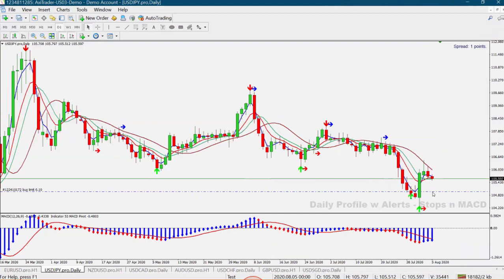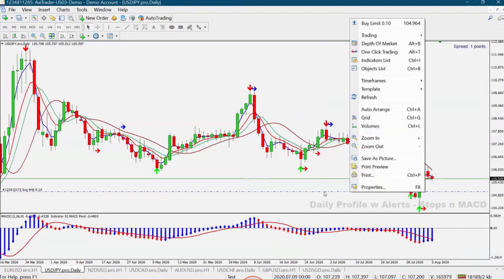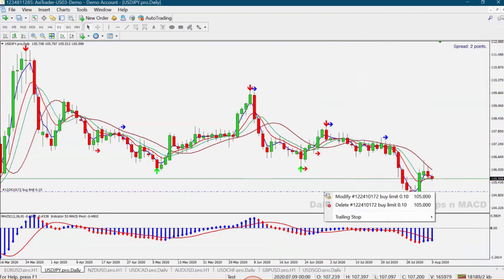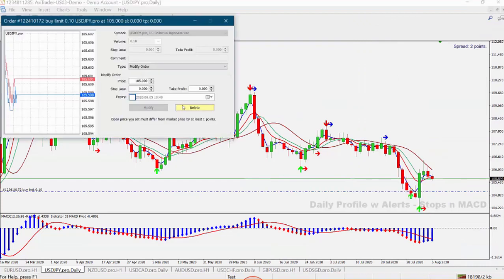So let's see, we've got this in here, 105, and modify that order. Stop loss is going to be at 104.